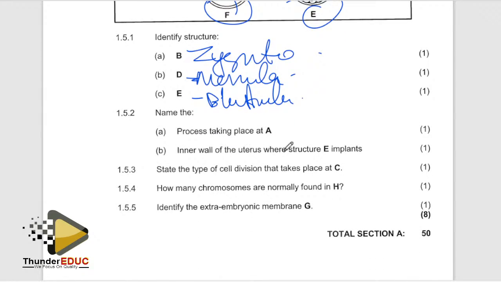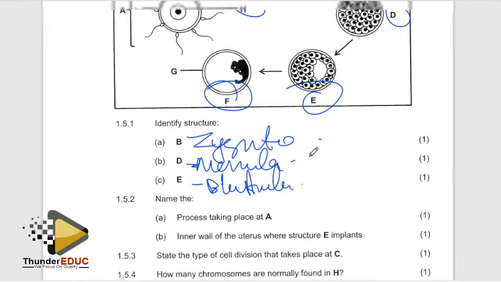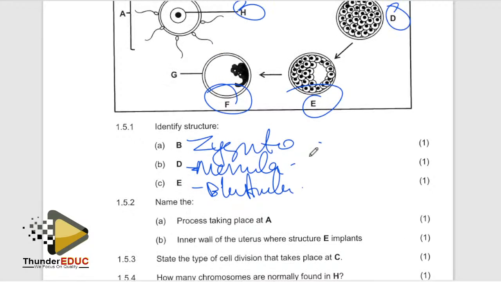The inner wall of the uterus. Remember yesterday I told you that the uterus is divided into three: the uterine wall, the uterine cavity, and the endometrium. So the endometrium is the inner wall of the uterus.